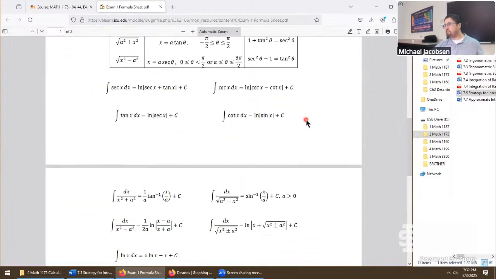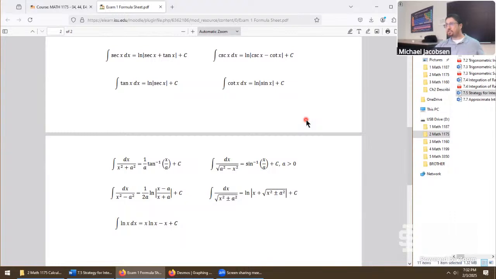And then below that are some pretty random integrals. These are ones that, if they did come up in exam 1, I wouldn't want you to reinvestigate how to find, like this antiderivative of tangent. This is one that was derived in Calculus 1. We should take advantage of it. And these here are esoteric ones that are hard to derive in the first place. So if these come up, you're welcome to take them for granted.